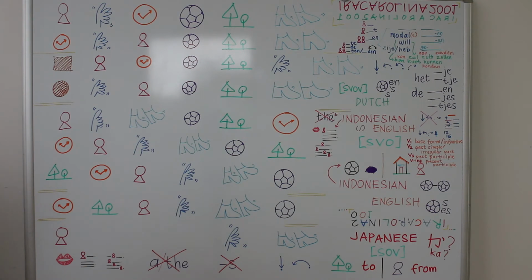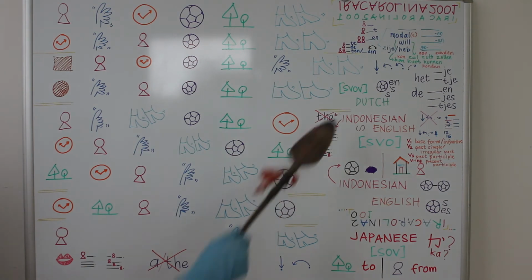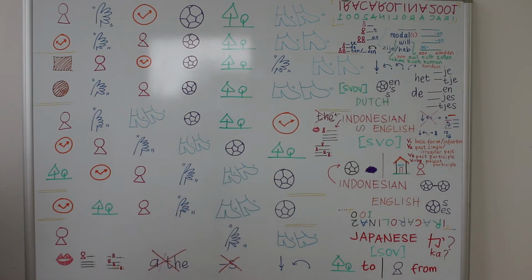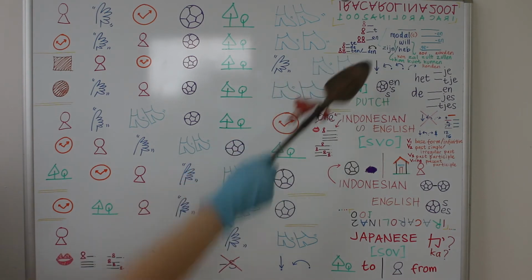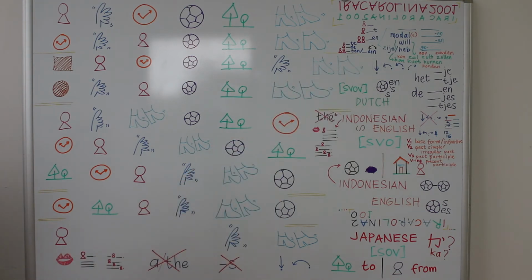So I'm not sure if Dutch has four tenses or three tenses, because I'm really not sure about the past one. Whether this version and this version are the same or different.